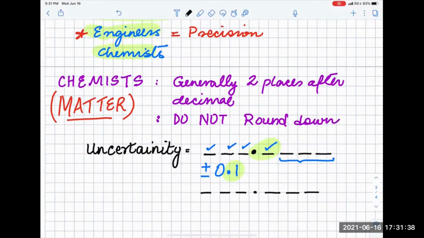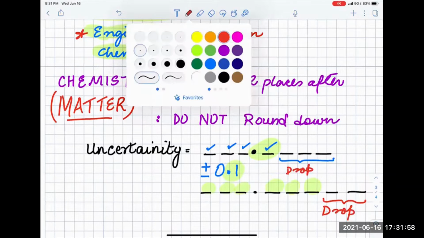Let's say you want 3 places after the decimal. In other words, you want these places, and you can do away with the rest, so you can leave or drop those. How would you write the uncertainty?